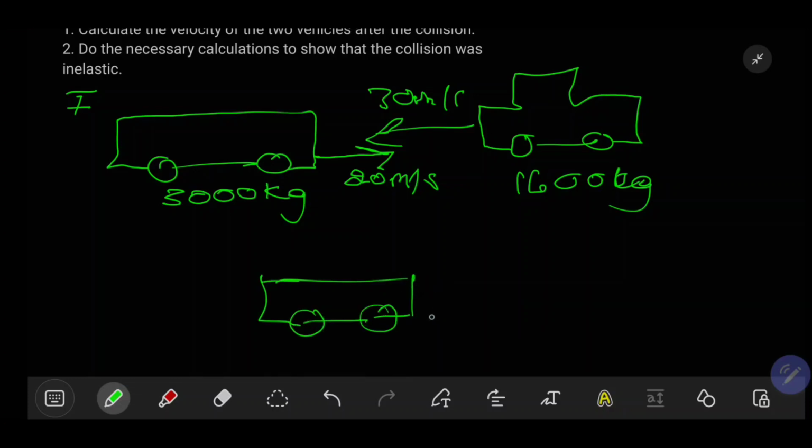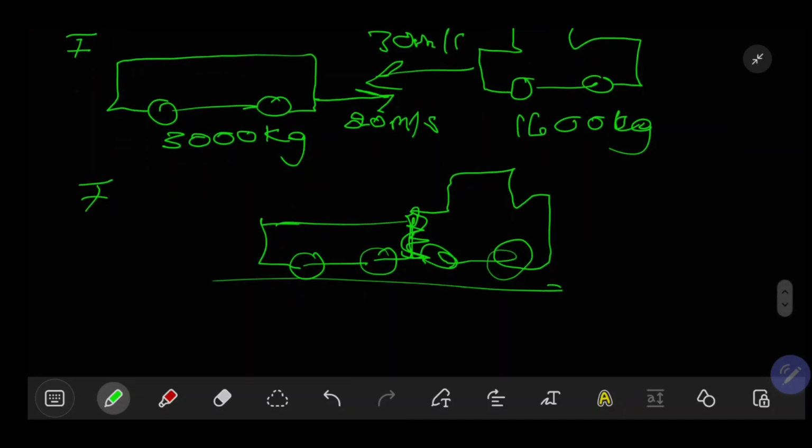So this is the final stage, meaning that the two share a velocity v, which we don't know.